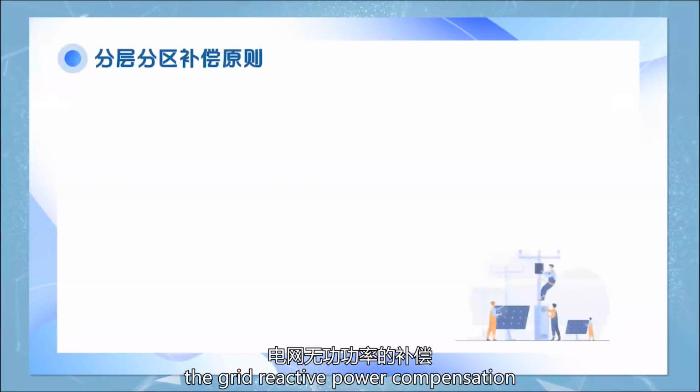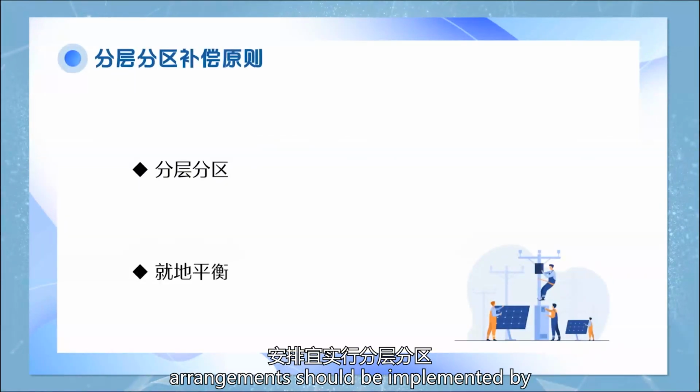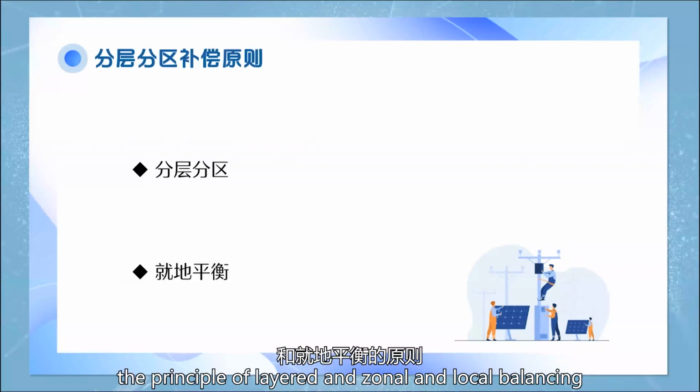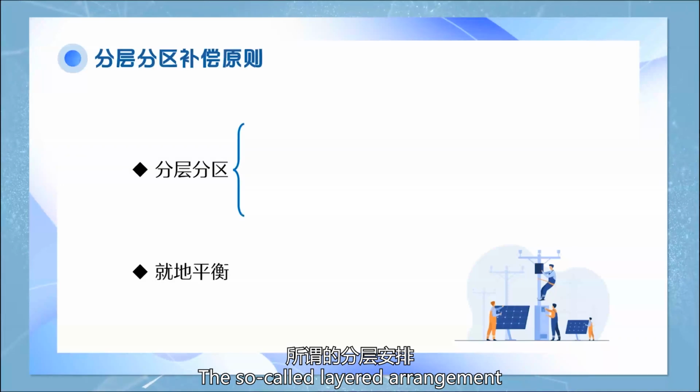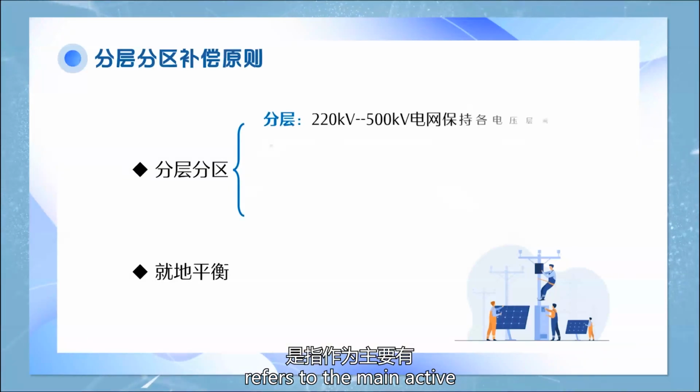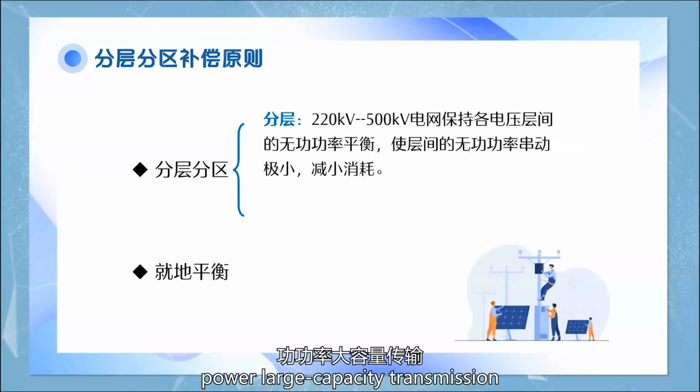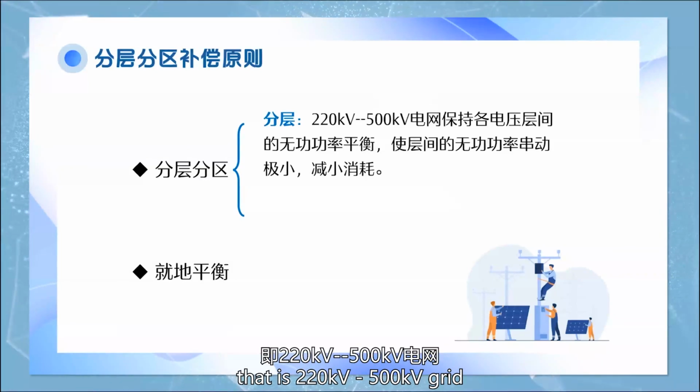The grid reactive power compensation arrangements should be implemented by the principle of layered, zonal and local balancing. The so-called layered arrangement refers to the main active power large capacity transmission, that is 220 kV to 500 kV grid.